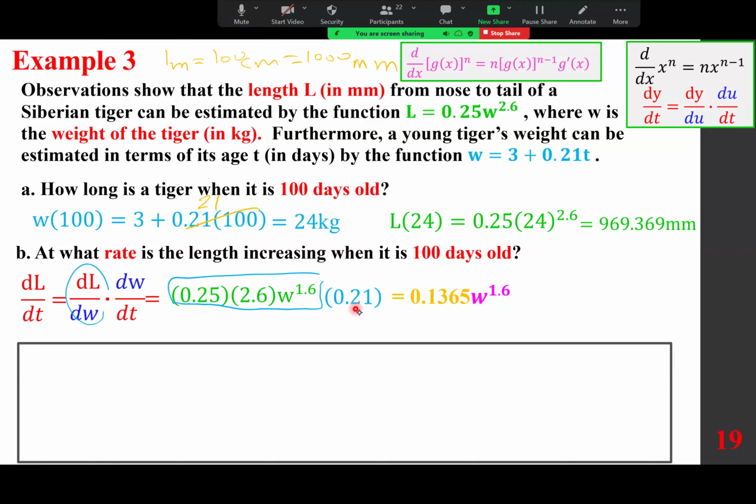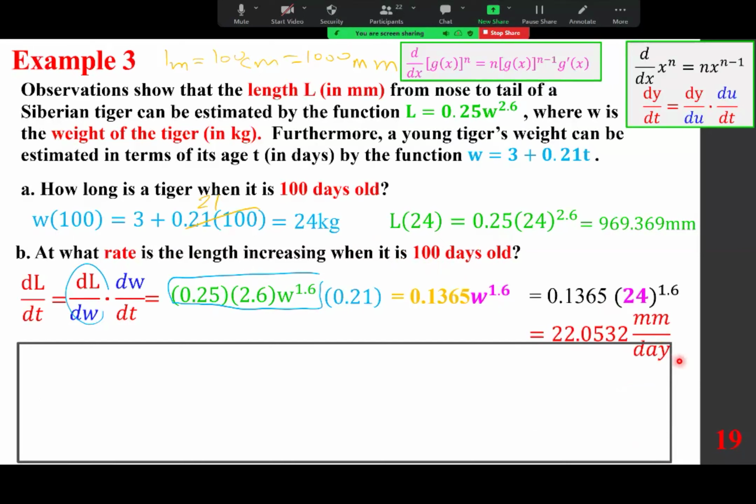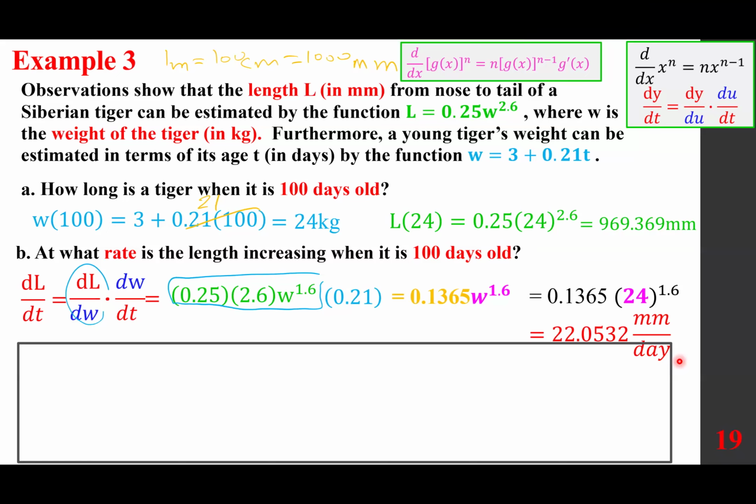We have two choices. We can replace the W with its function; if they have asked for the function, you must. Or, when t is 100, we remember W was 24, so just replace it with 24, and you have the answer. Put it into a calculator, and it gives you 22.0532 millimeters per day. By the way, carry out a lot of decimals unless they ask you how many. Normally in a case like this, because all the formulas are estimations, they will tell you.